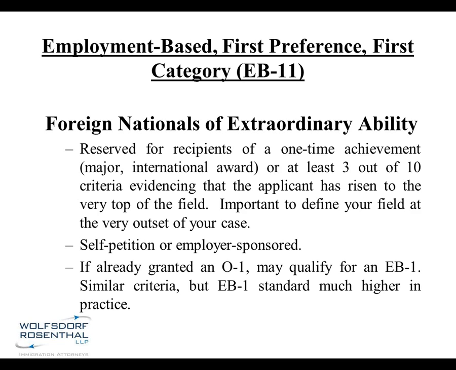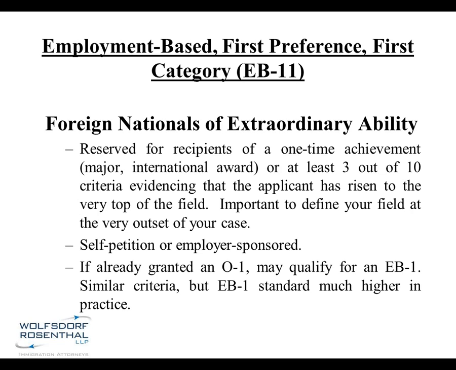Some of you out there may have heard of an O-1, which is actually the non-immigrant equivalent of the EB-1A. The EB-1A is a type of immigrant visa petition, and I'll go into what that is a little bit later. But if you're already on an O-1, then you should have a nice package already put together if you're planning on filing for the EB-1A.